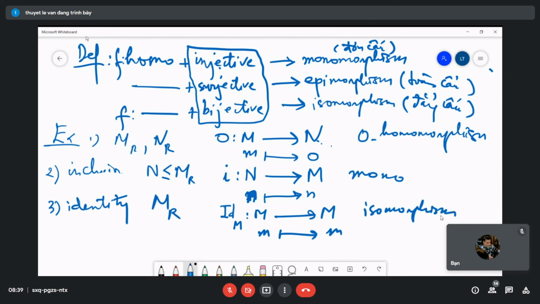You can write it like this, or sometimes people also say 1_M. The same. You can write 1_M, or you can write id_M. It means the identity here.